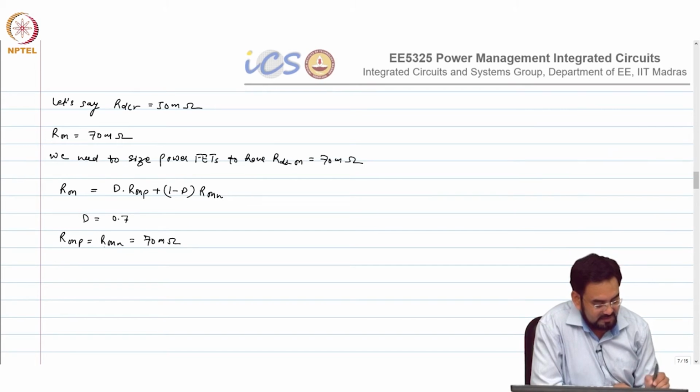So this is case 1, then your R on is nothing but 70 milliohm.